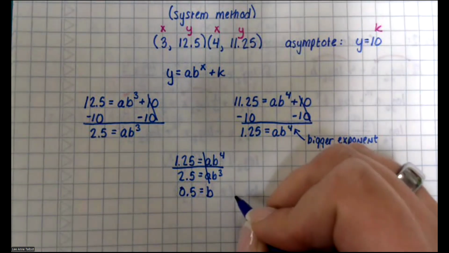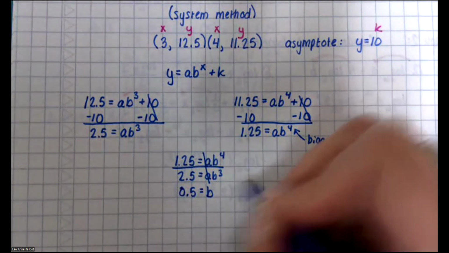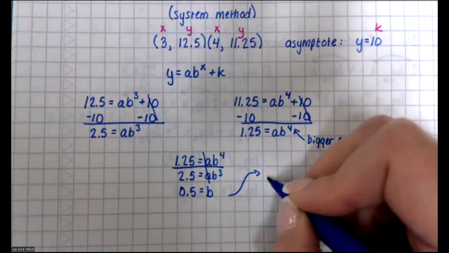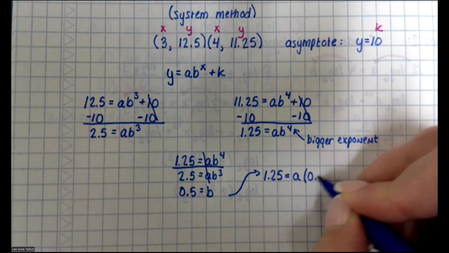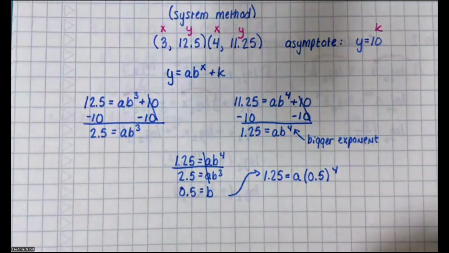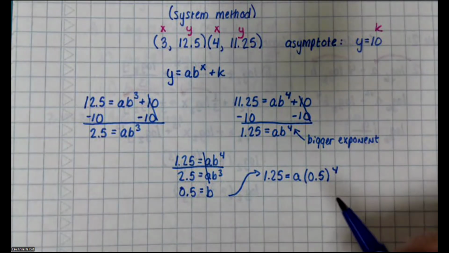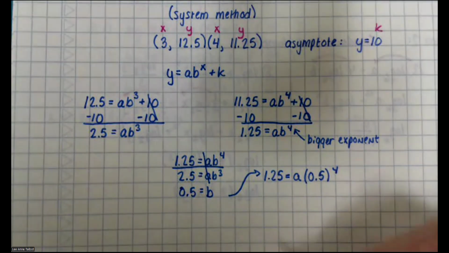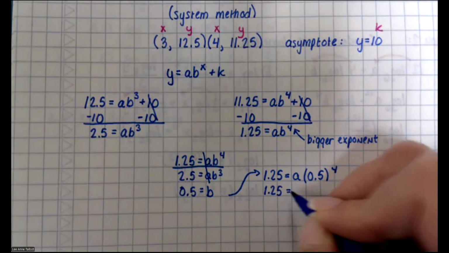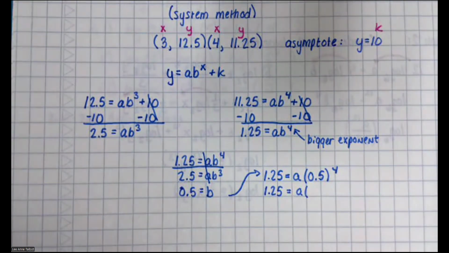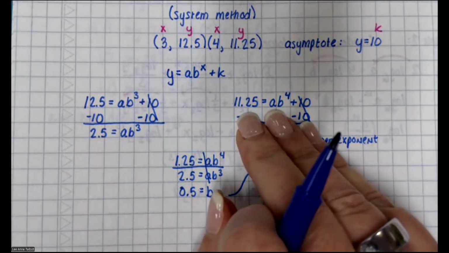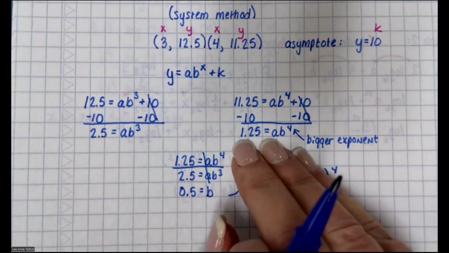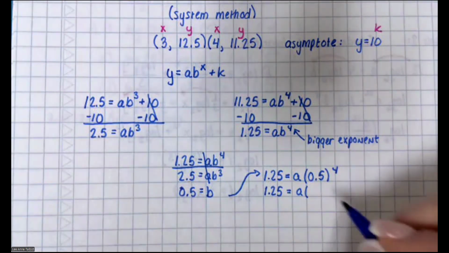Okay, now I'm going to plug it back into one of the two to get a. So just come over here. 1.25 equals a times 0.5 to the 4. I just plug it in right there. You would do the plus 10 if you did the 11.25. Do you see what I mean? You can, totally fine if you do.